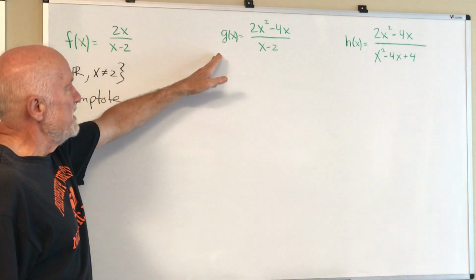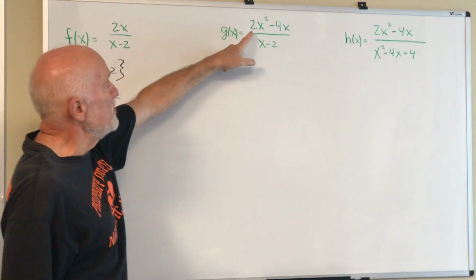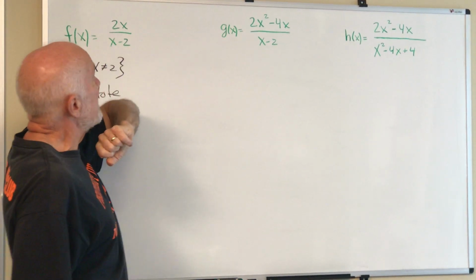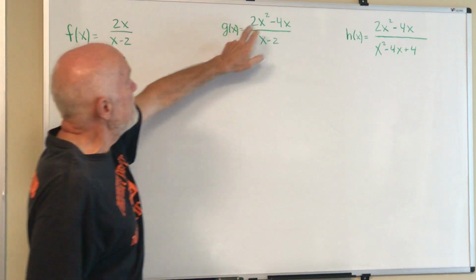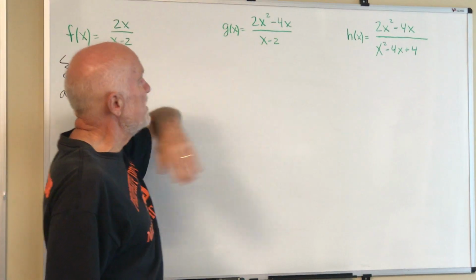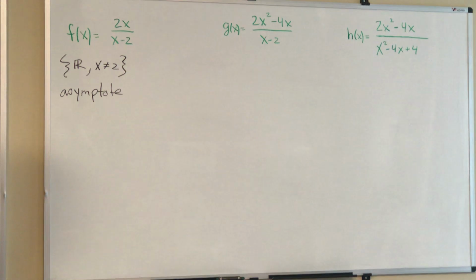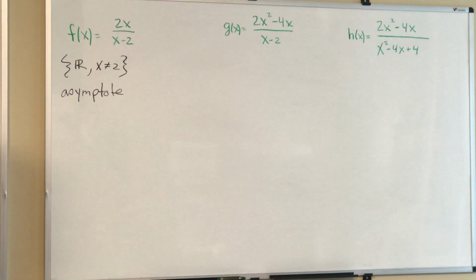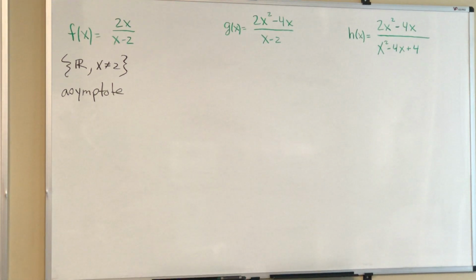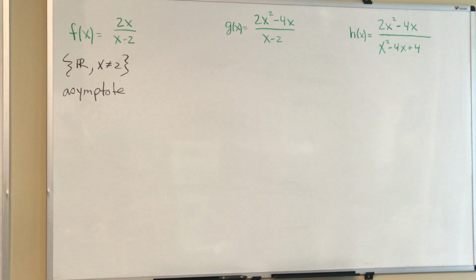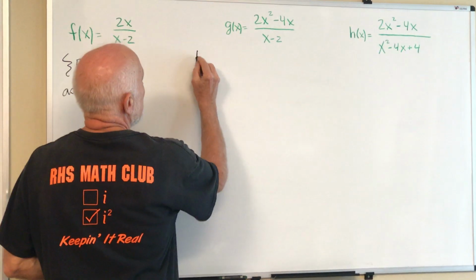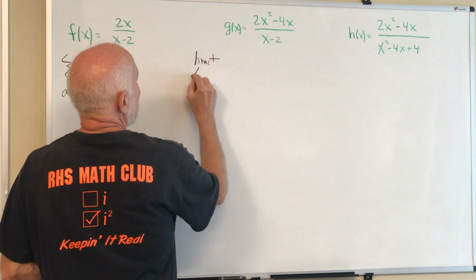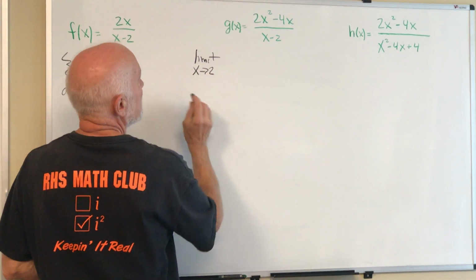On this problem, when we put in 2 to the numerator, we get 0. We get 8 minus 8 over 2 minus 2 in the denominator. We get 0 over 0. Well, if it was like the last case, we're going to have a hole. But how do we find out for sure? We have to take the limit as x approaches 2.